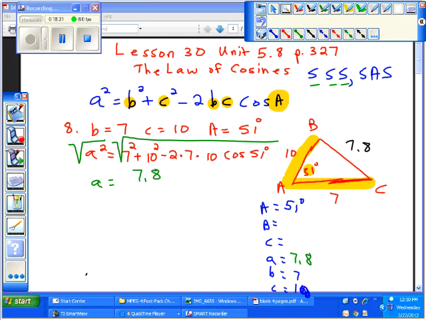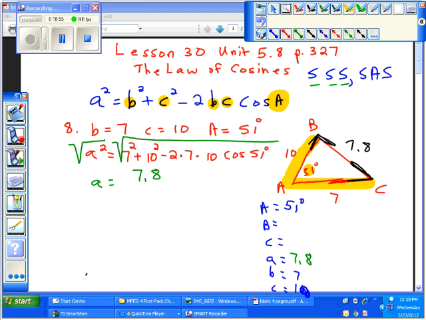You understand that? There's only one angle that has the option of being obtuse, and that's the biggest one, because there's at most one right angle and one obtuse angle in a triangle. And so we're saying, well, angle A is acute, but angle B could either be acute or obtuse, and angle C could either be acute or obtuse.